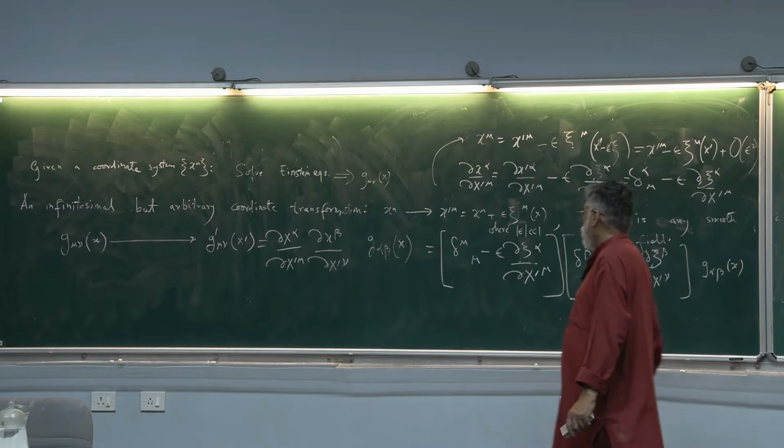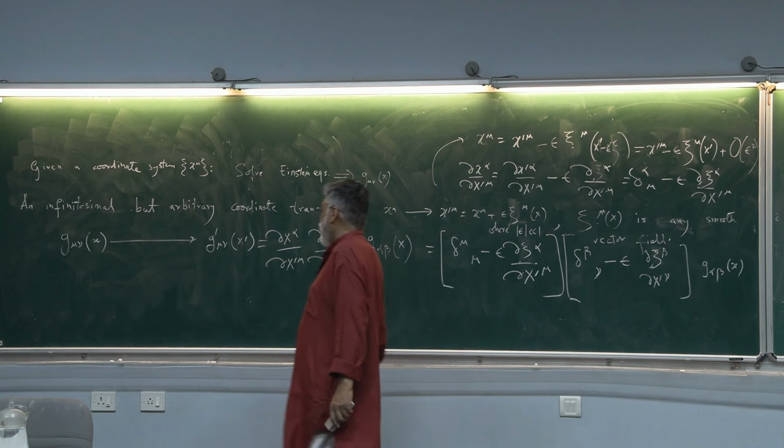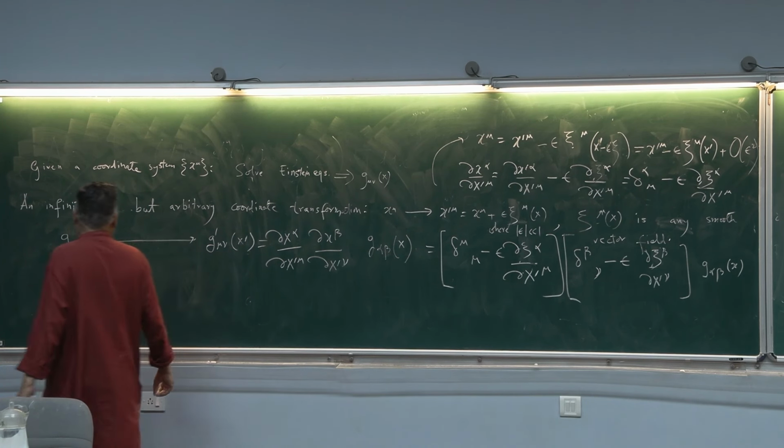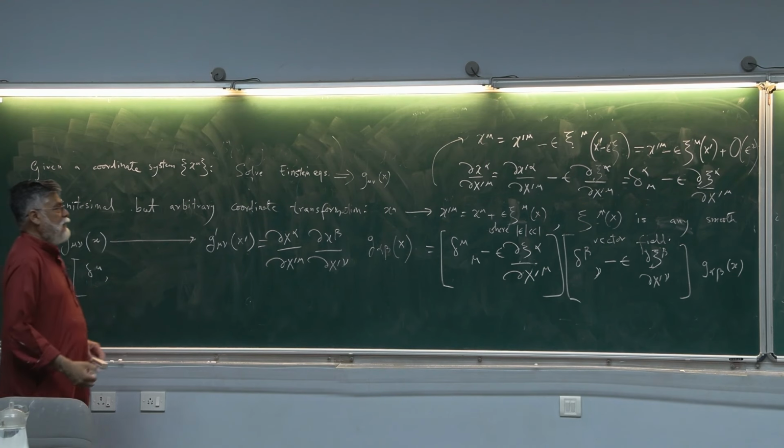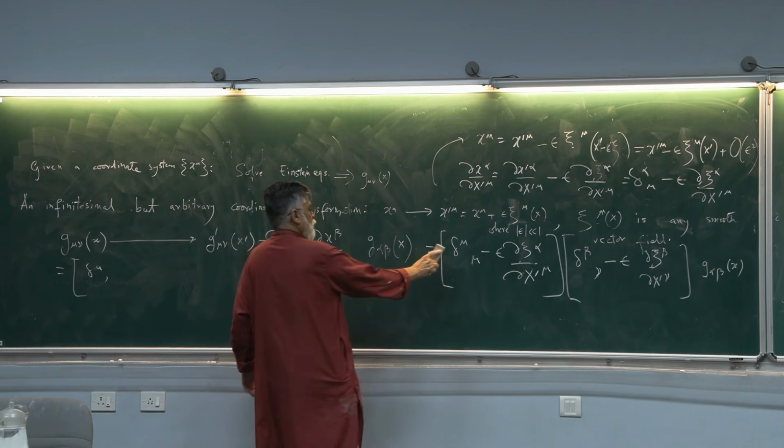Okay, so let's now expand the bracket and simplify. So first term as it is, del mu, what is that? No, I have made an error. This is alpha.